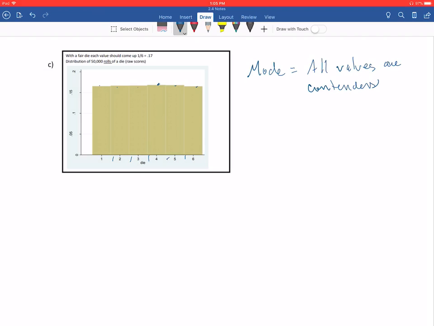And as far as the categories that we have, well, we have every possible category. Each has some representation here. There are only 6 possible things you could get when you roll a die, and all of them are represented here.